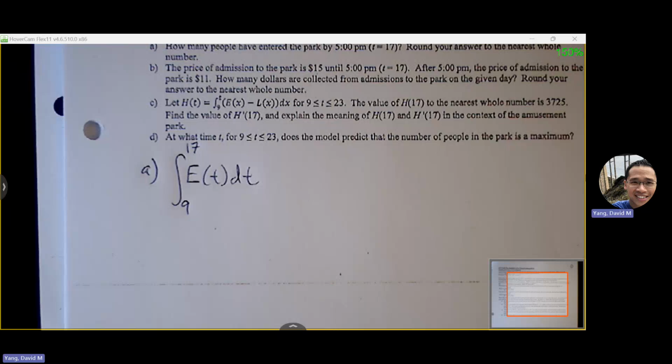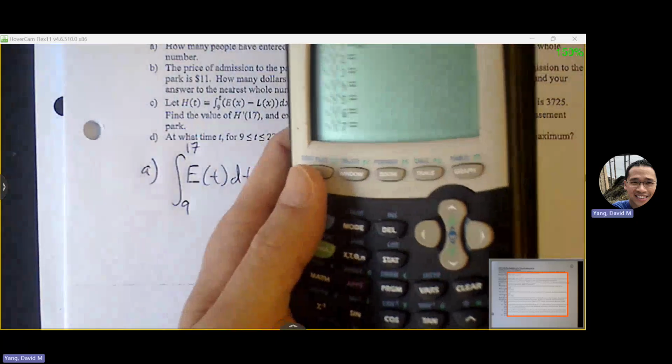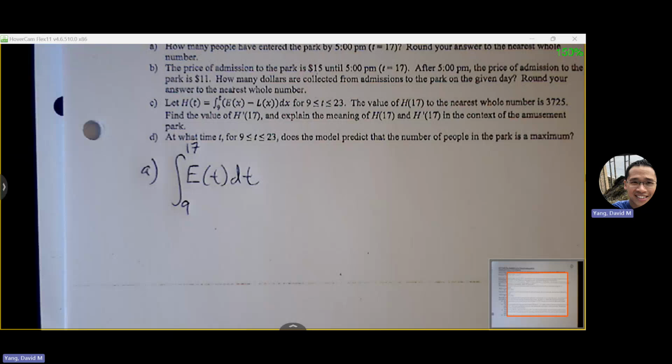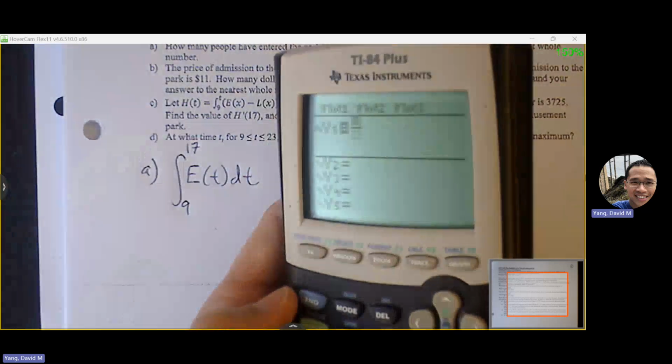Right. So we're going to use our calculator. Go to Y1. So these are messier functions, so it's nice to have them stored under y1 and y2 so that we don't have to keep entering them. We can just call them. So under y1, do alpha y equals to get that numerator and denominator to show up.